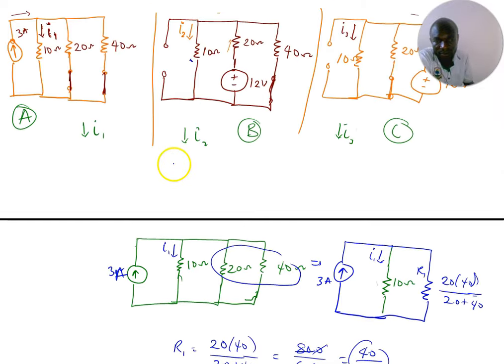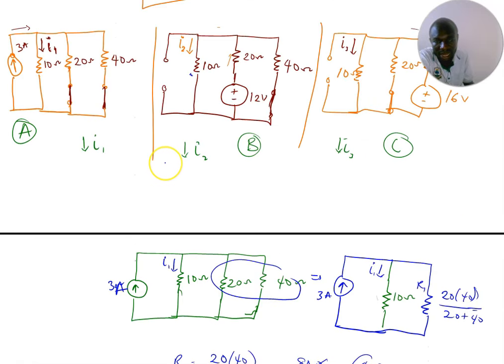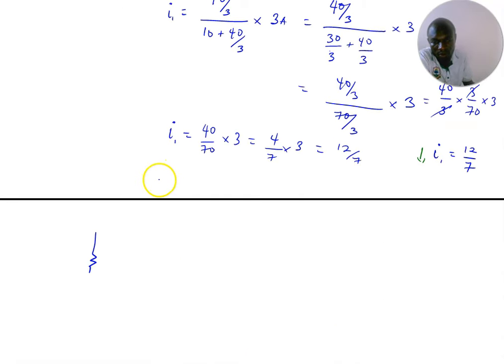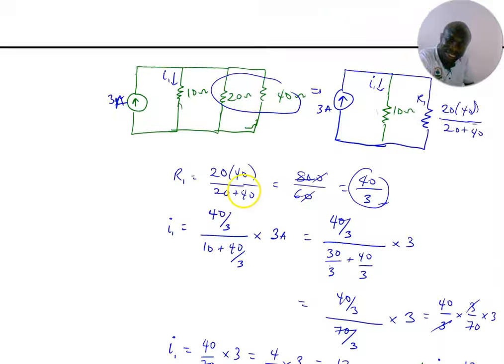So we have a 10 ohm resistor, then a 20 ohm resistor in series with 12 volts. Then they are all connected to this 6.